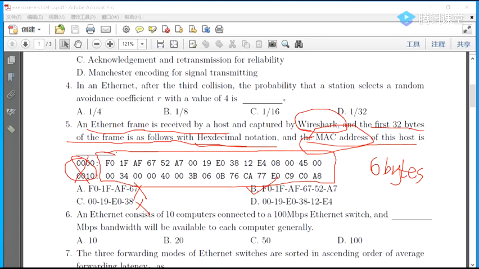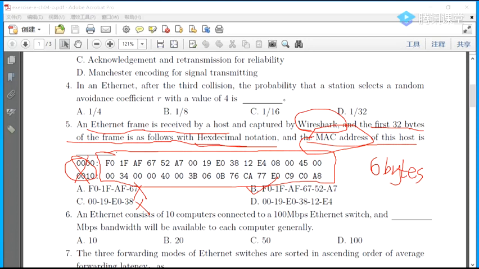Since the frame is received by the host, that means the destination MAC address is the same as the MAC address of this host.